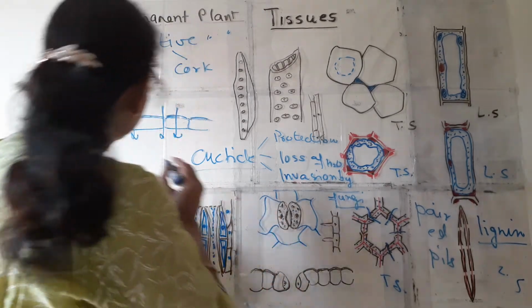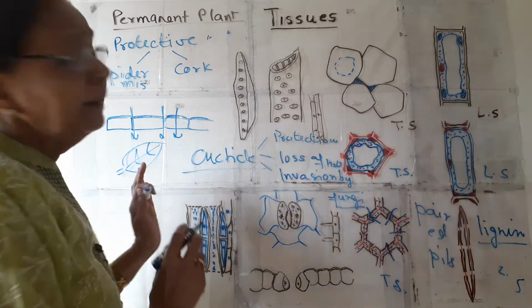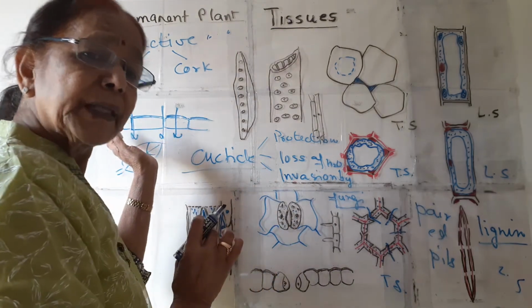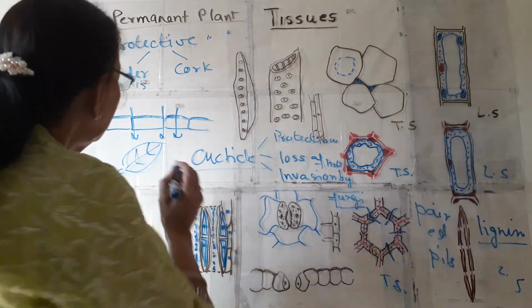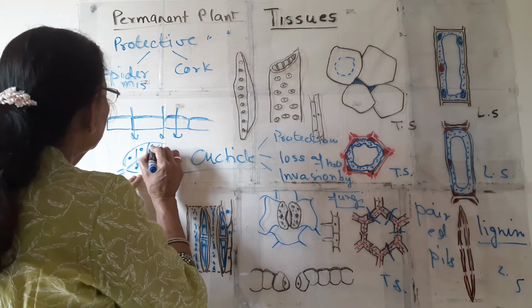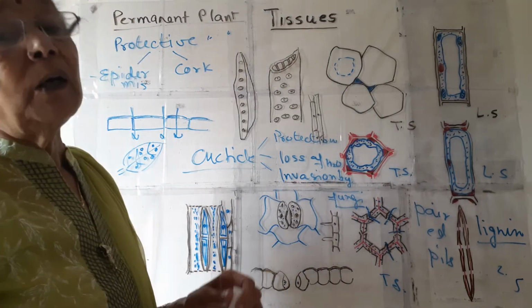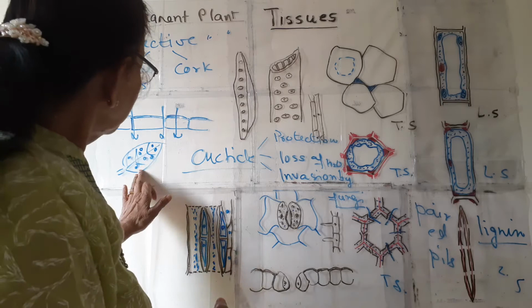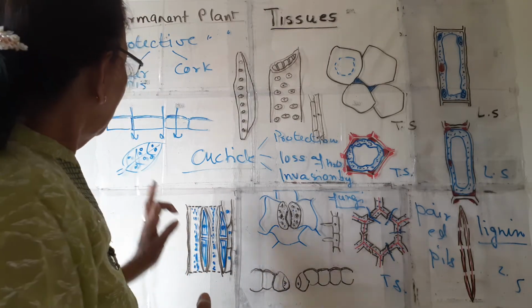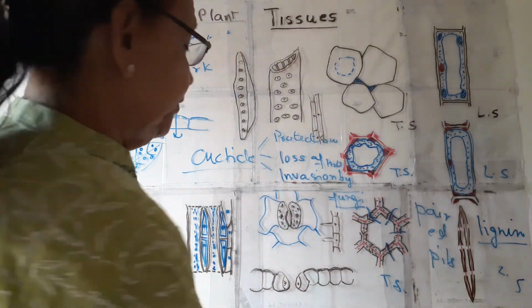Now, if this is a leaf, as all of you know, on both sides the leaf is covered by epidermis, this single layered cell, and on both the sides, more on the lower side, these holes are present on the leaf surface. These holes are known as stomata. You know this, and these stomata are for gaseous exchange.